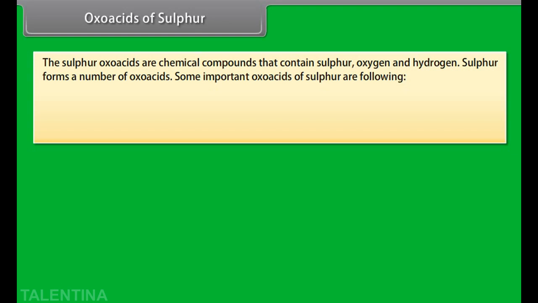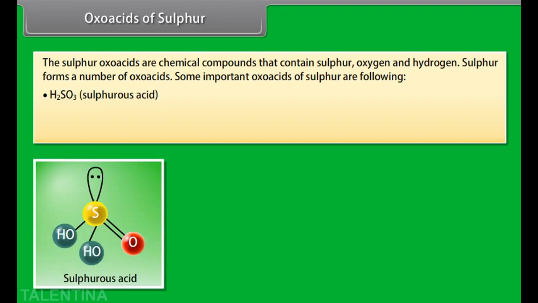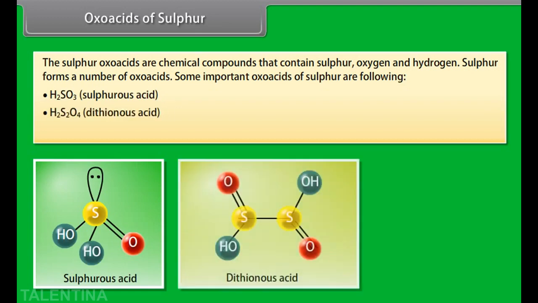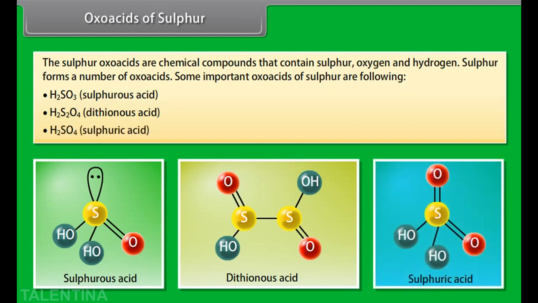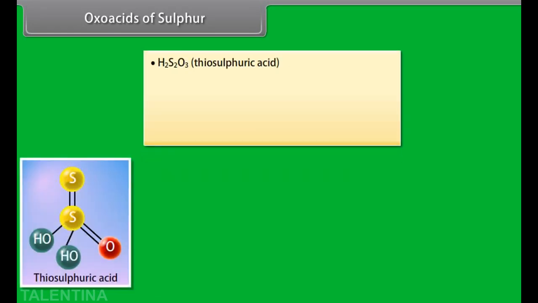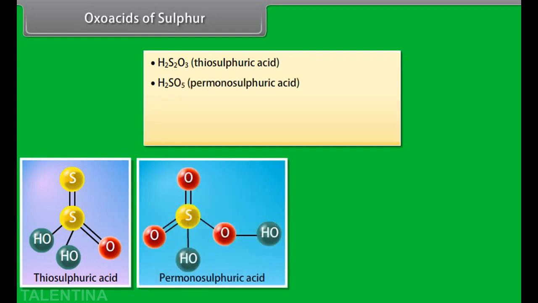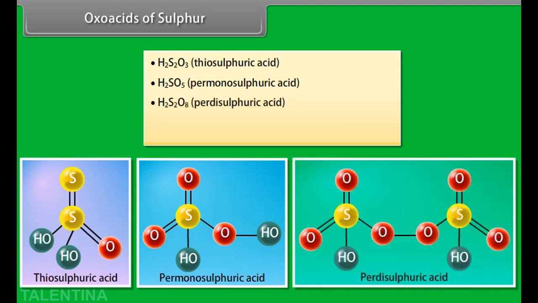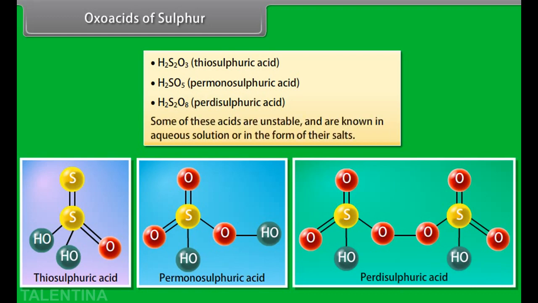Some important oxoacids of sulphur are the following: H2SO3, sulphurous acid; H2S2O4, dithionous acid; H2SO4, sulphuric acid; H2S2O3, thiosulphuric acid; H2SO5, peroxomonosulphuric acid; H2S2O8, peroxodisulphuric acid. Some of these acids are unstable and are known in aqueous solution or in the form of their salts.